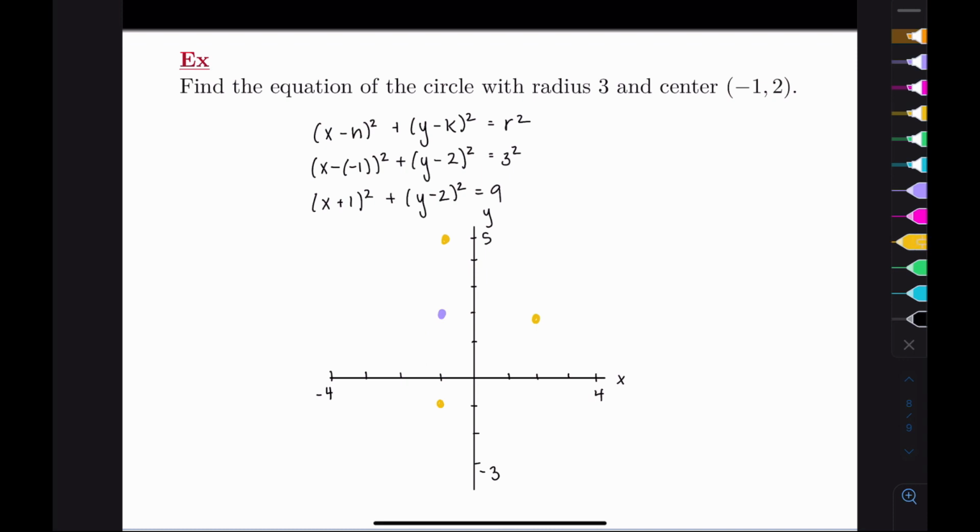And then finally we'll go left, 1, 2, 3, to get this other point right here. Now clearly, because I can't draw things great by hand, it's going to be a bit of a wonky circle, but that's okay. This would be the graph of the circle.